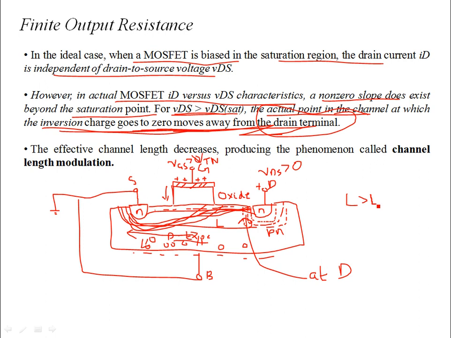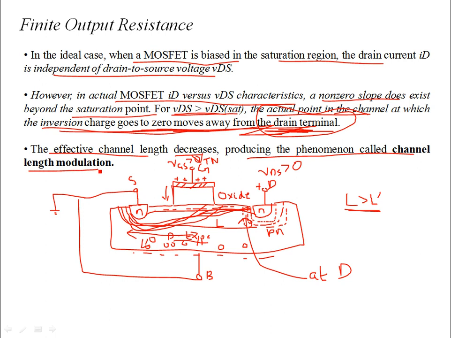So your channel length has been compromised, because the point at which the inversion layer or the charge density goes to 0 is not at the drain terminal. It's somewhere in between drain and source. It has moved in the actual MOSFET and reduced the length of the inversion layer, so the effective channel length decreases as a result, and this phenomenon is called channel length modulation.